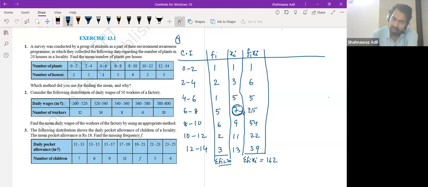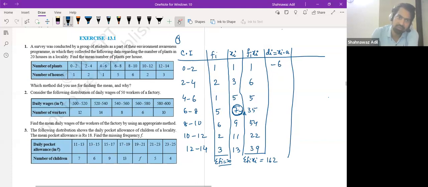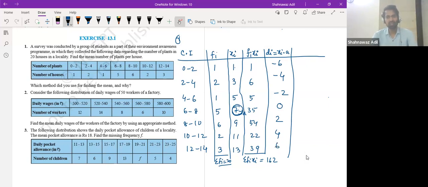This is A. So now we have to find out di, which is xi minus A. So di would be 1 minus 7, so minus 6, 3 minus 7, minus 4, 5 minus 7, minus 2, 7 minus 7, 0, 9 minus 7, 2, 11 minus 7, 4, 13 minus 7, 6, right? So these are the dis that you have.